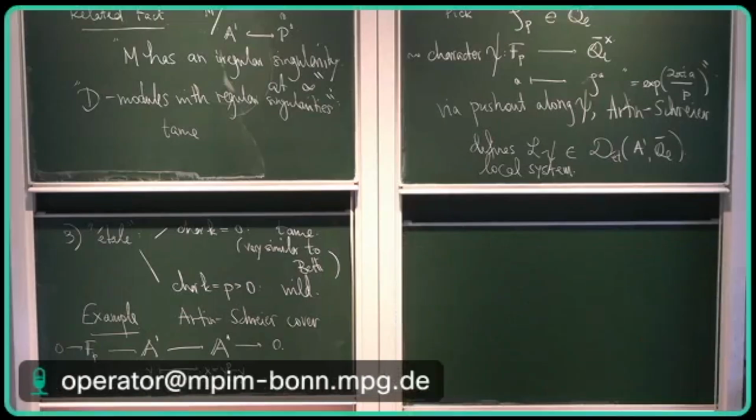Yeah, at this point, you might wonder what's better, tame or wild? And the instinct might say that tame is better because you have much better control over what's happening, and A1 doesn't have any weird fundamental group.